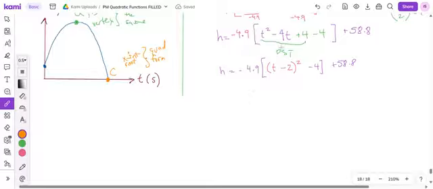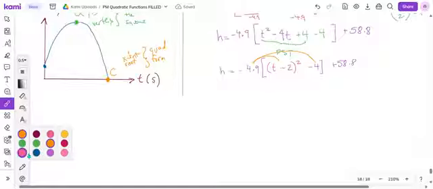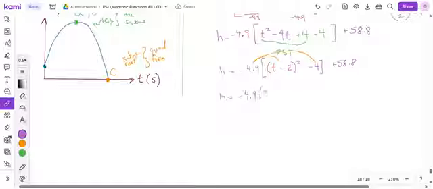And now I want to get rid of the square brackets, so I'm going to expand and multiply both of these terms by negative 4.9. And I see negative times negative. Oh, that's good.